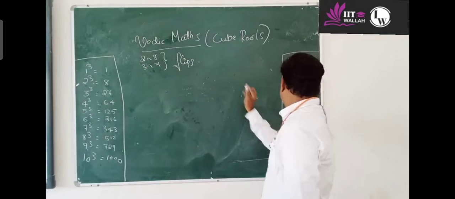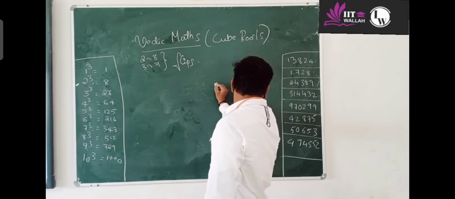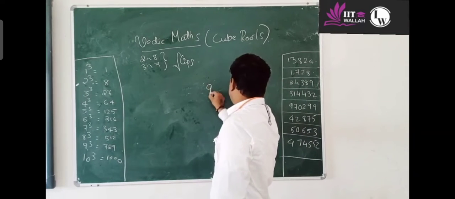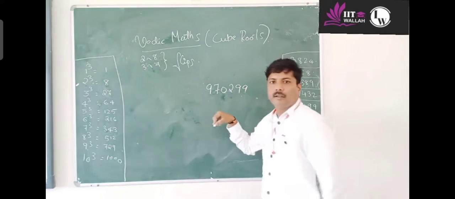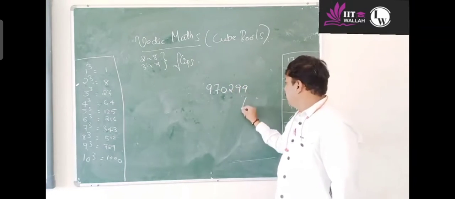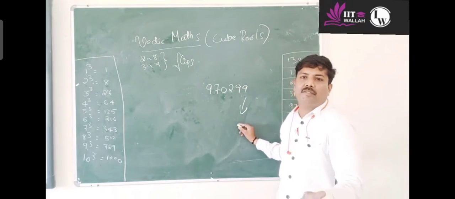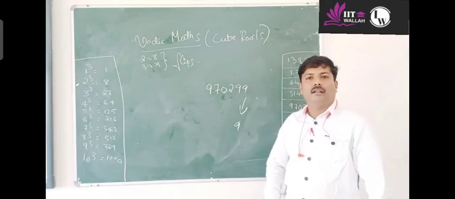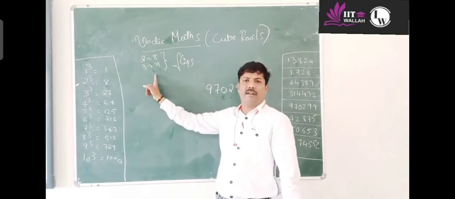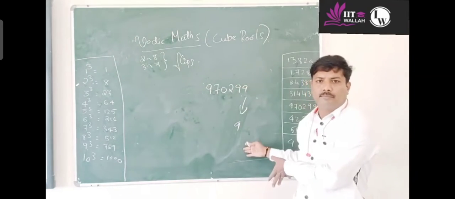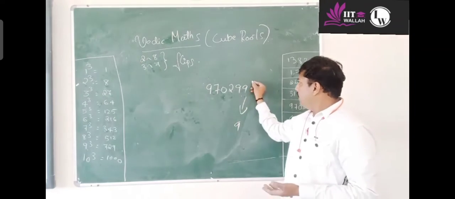Now we will check another number. 970299. The last digit is 9. So its cube root last digit also 9. Because the only difference is in 2 and 8, 3 and 7. All other same numbers will come. Okay? And cut the first 3 digits.